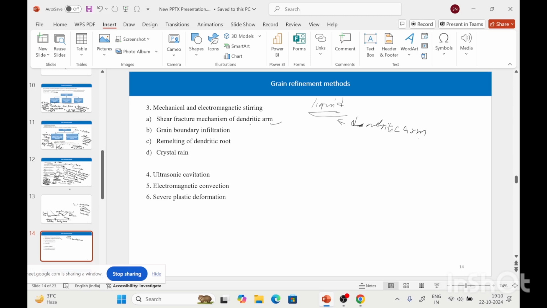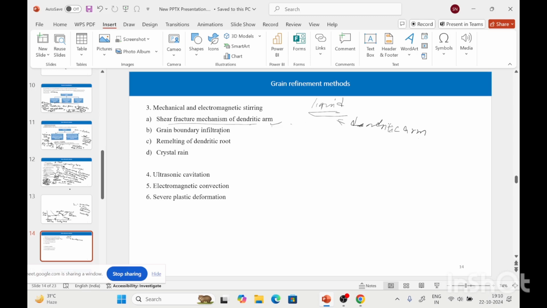Because of this shear force, the dendritic arm will fracture, and the broken dendritic arms provide more heterogeneous nucleation sites and increase the grain refinement level.